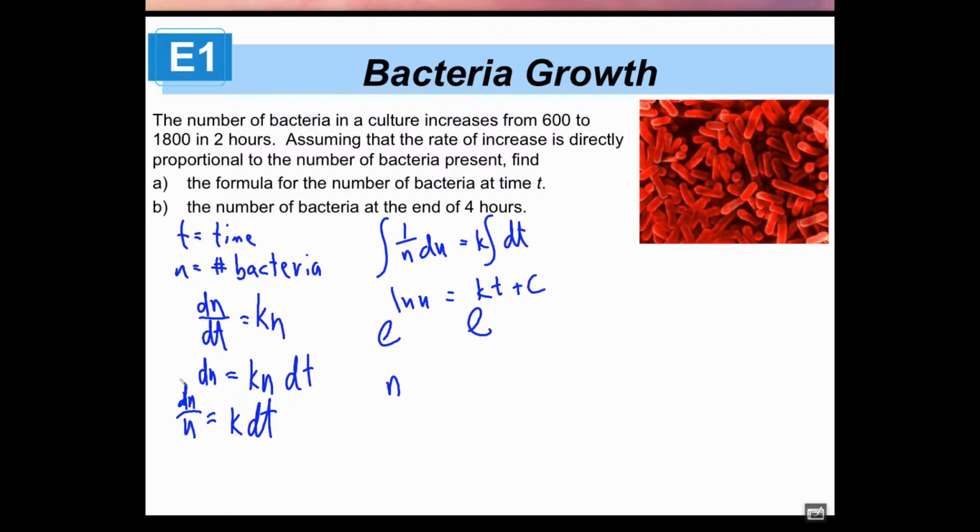N. And this is where it gets a little tricky. What's e to the kt plus c? Normally it's just e to the kt plus c, but we're going to split it up into two different parts. e to the kt times e to the c. Because we're going to end up solving for c.